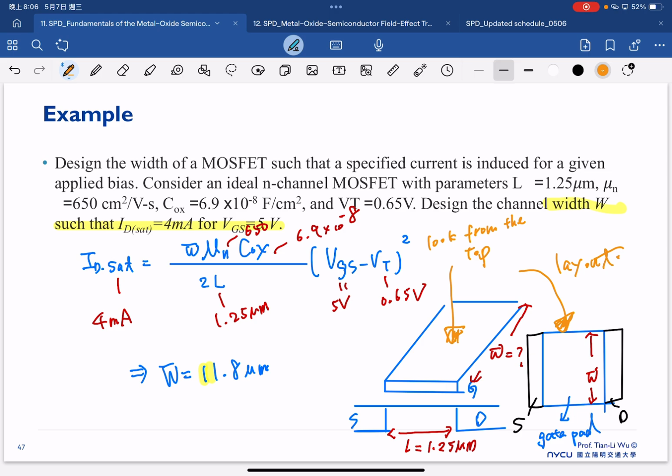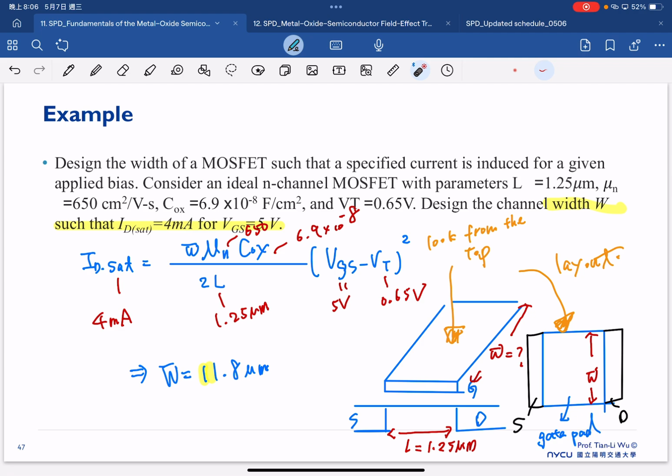But this is one example where we don't need a very sophisticated equation. We can use this simple equation in the end to design the transistor, what kind of width to have to reach the targeted drain current.